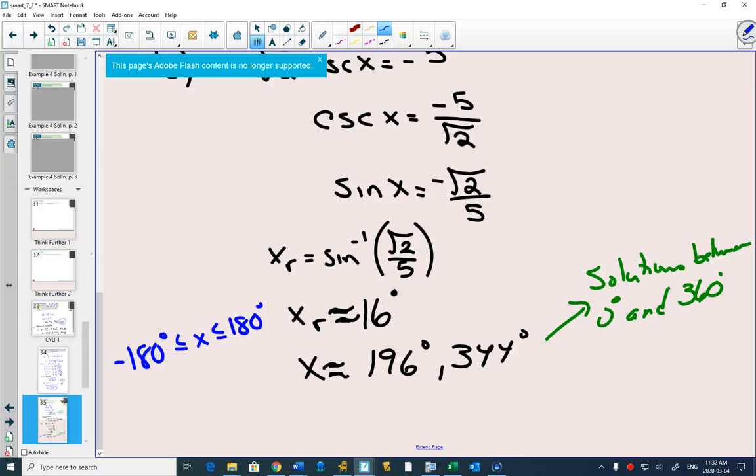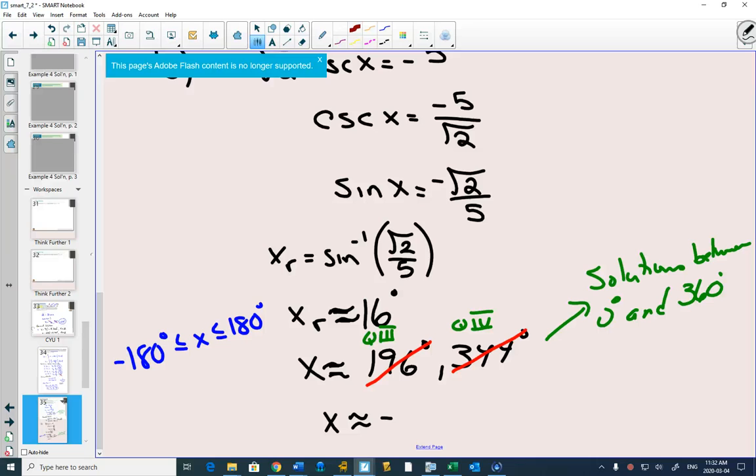Positive angles in quadrants 1 and 2, but negative angles in quadrants 3 and 4. Can you see that both of those answers are past 180? So put a line through them. And we have to write what would be coterminal with 196 degrees as a negative angle.